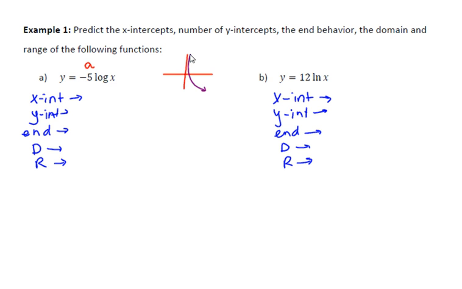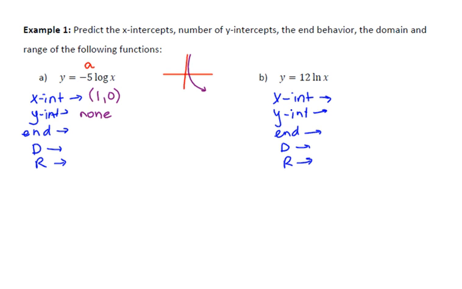So what's the x-intercept always on a log function? 1, so (1, 0). Is there ever going to be a y-intercept? No. There's never a y-intercept for a log function, right? Just like there's no x-intercept in an exponential. That's why some teachers teach the 2 units together.